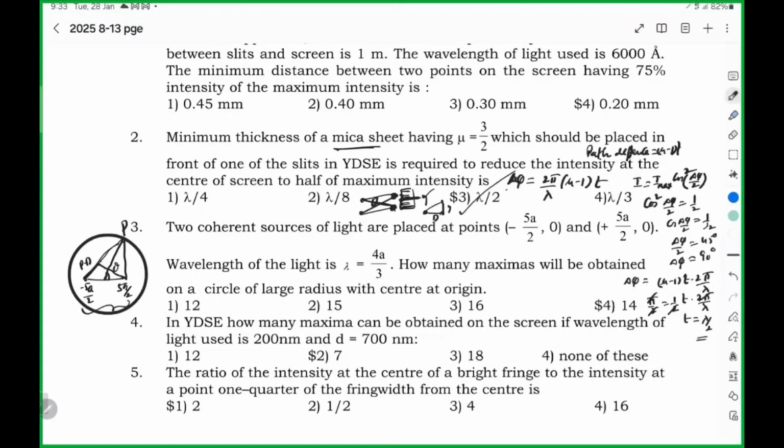This distance is 5a. So this is perpendicular, then this difference will be d cos theta. Here is an angle theta.